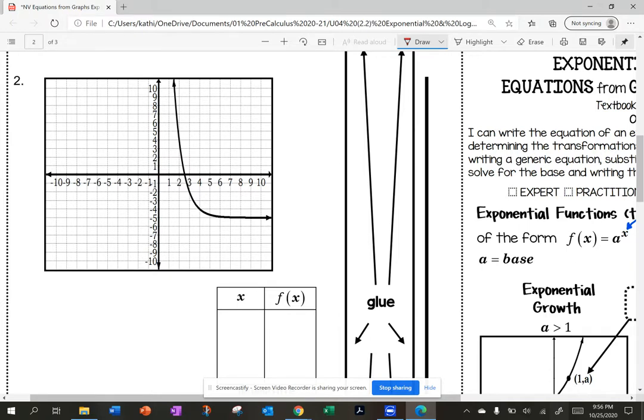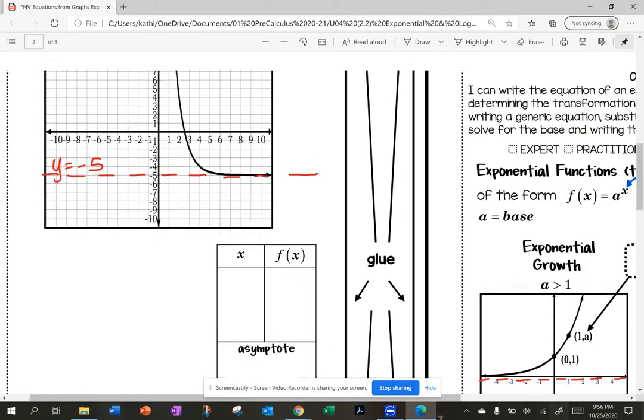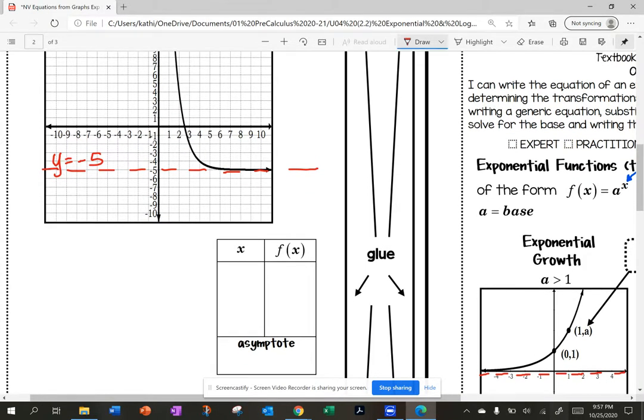Okay, so the first place that I start is locating the asymptote. I see the asymptote right here at y equals -5, so I know d is -5.